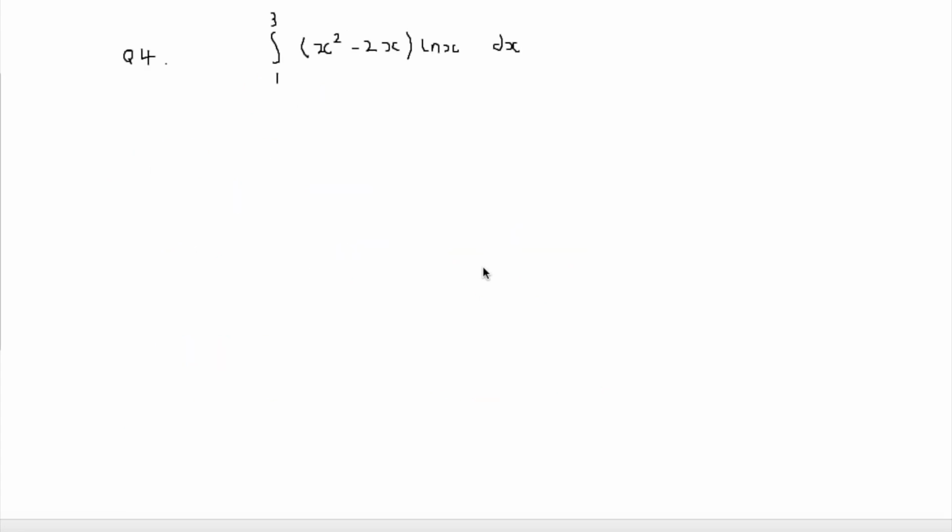So our final question is using limits. And to start this question off, we're going to go exactly the same way as we normally would, yet we are just going to add some limits at the end. So again, we have a ln x here, so therefore we're going to say that u is equal to ln x. That means that dv over dx is equal to x squared minus 2x.